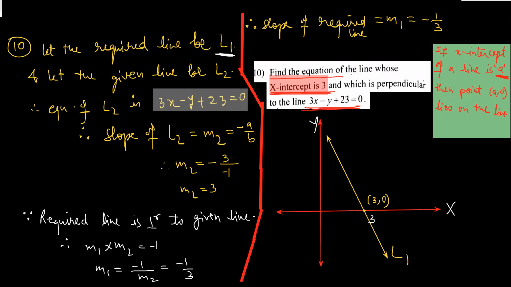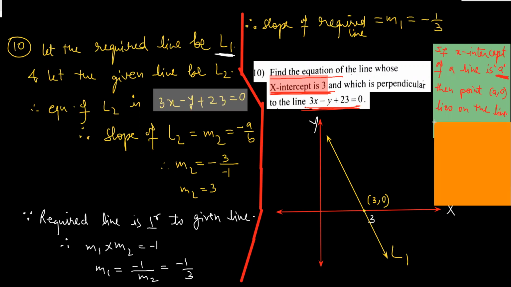Let me write one more note here. If the y-intercept of a line is b, then the point (0, b) lies on the line.